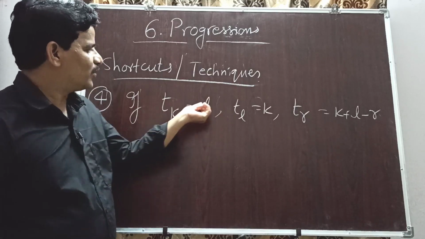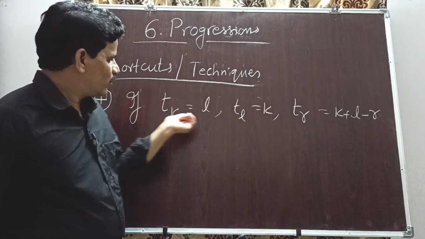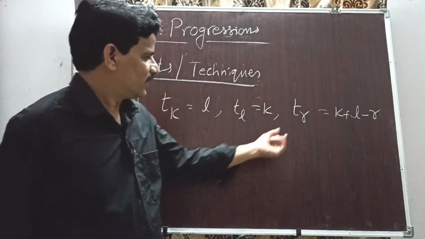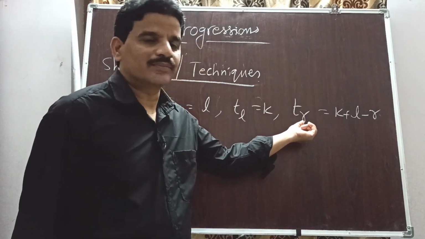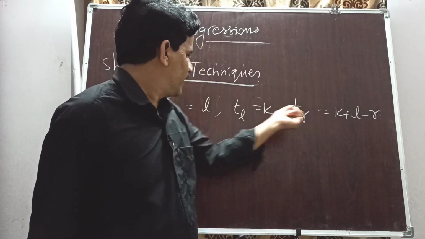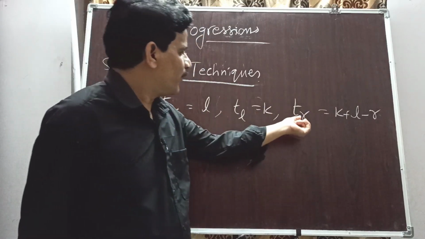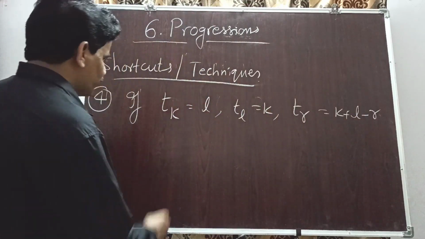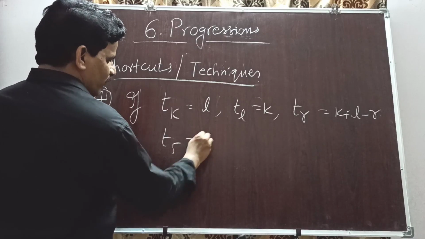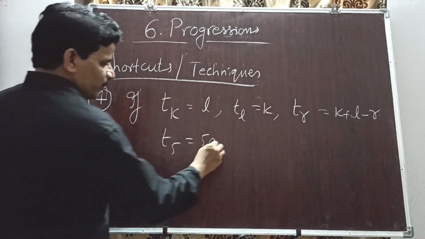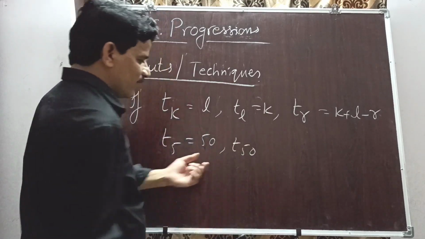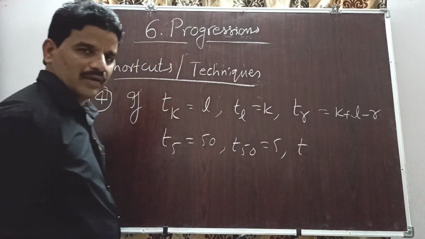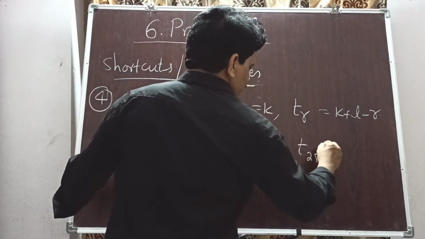So the kth term value is L and the Lth term value is K. Whenever the problem is like that, if they are asking for the rth term, Tr is equal to K plus L minus R. For example, if T5, the fifth term value, equals 50 and T50, the 50th term value, equals 5, what about the 25th term value?